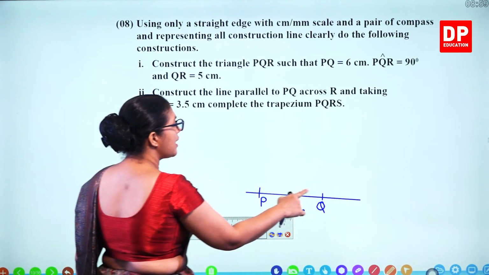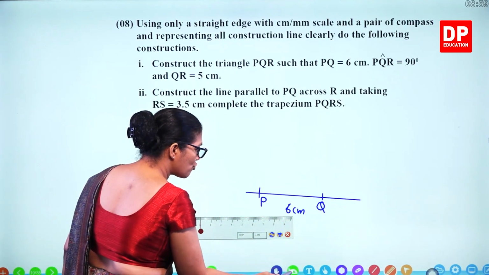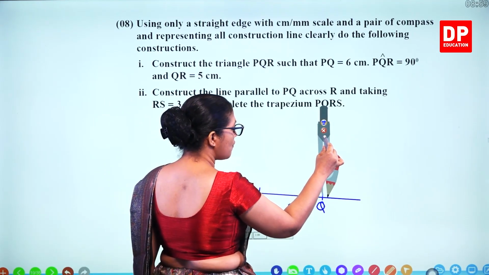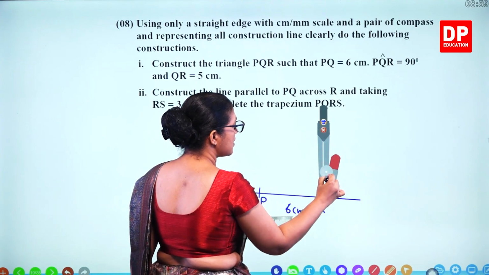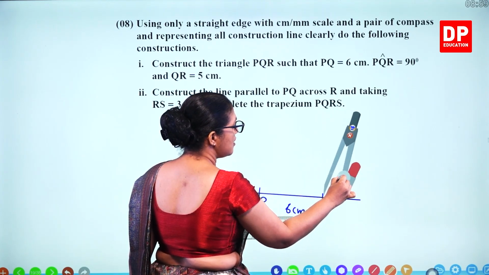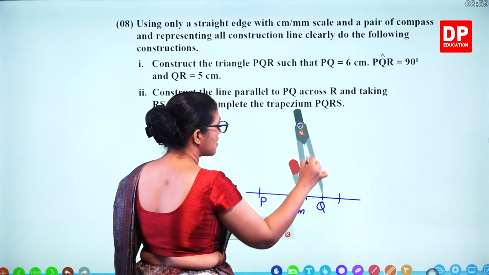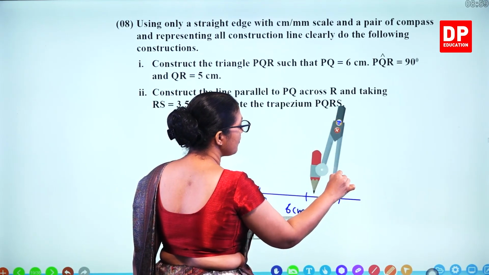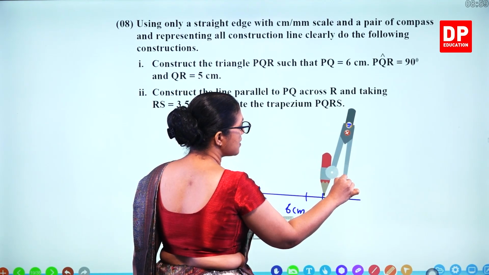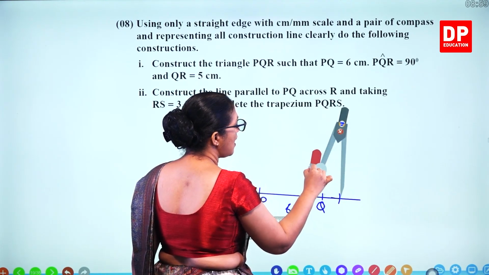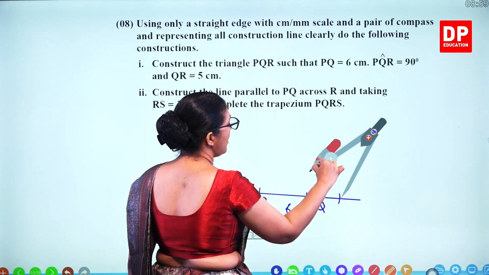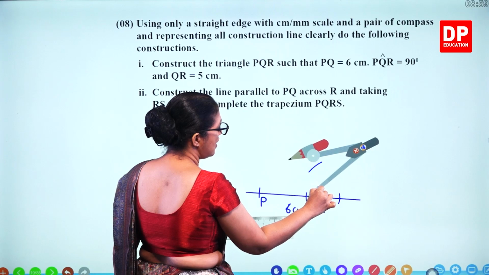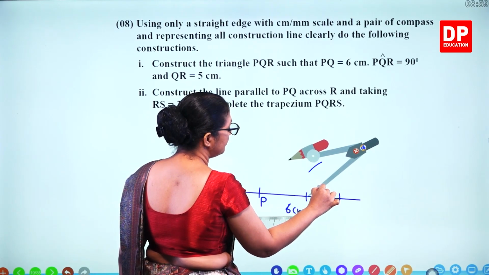PQR. Angle PQR is 90. So you have to draw a 90-degree angle. You can use the compass for that. So take a certain distance. You draw 2 arcs like this, and then you keep the compass on top of these arcs, and you can find the intersecting point above to draw the 90-degree angle.